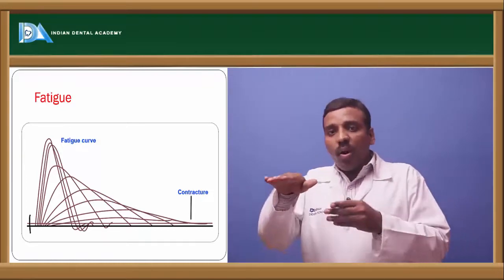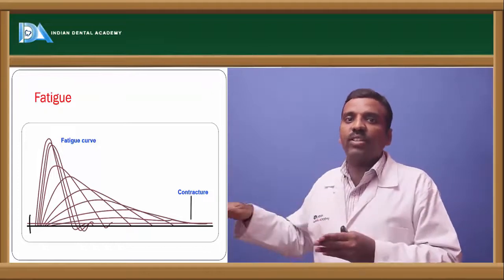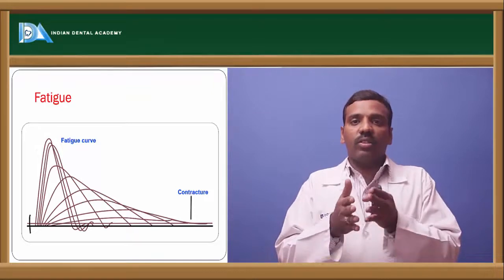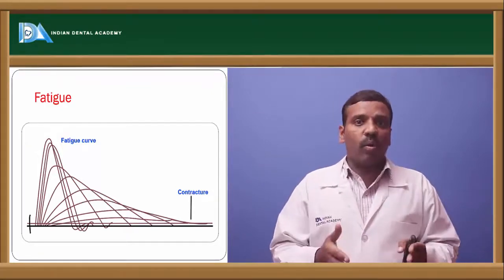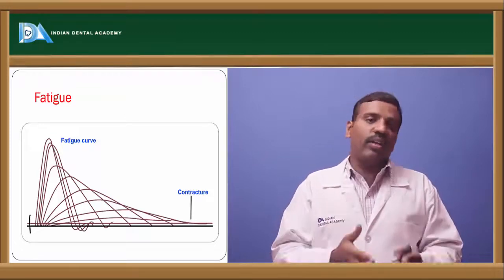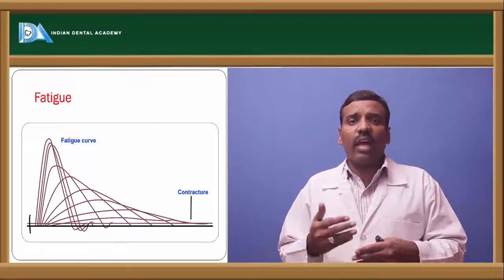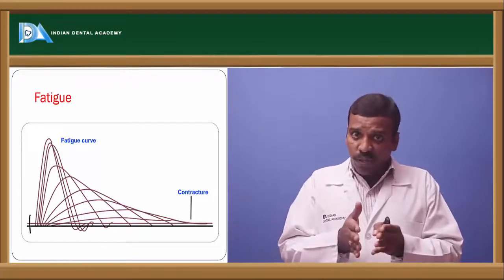In the last contraction, it comes to the baseline. After this, if we give some time, 5 to 10 minutes, the muscle takes nutrient substances, oxygen and gases, and it reverses back, and the muscle can work again after the fatigue phenomenon.